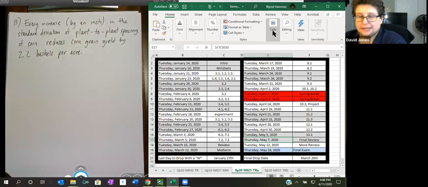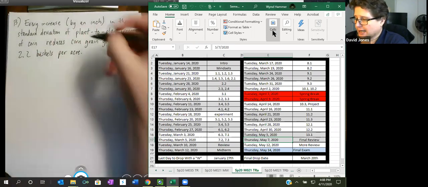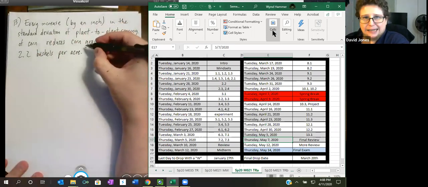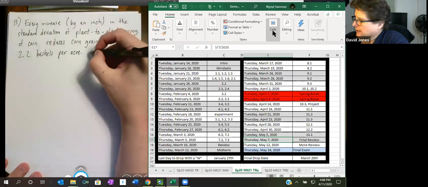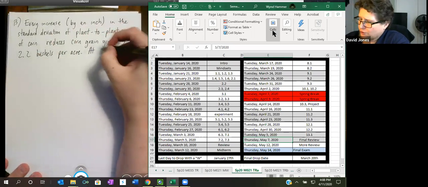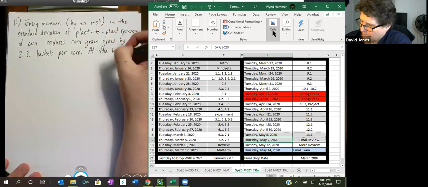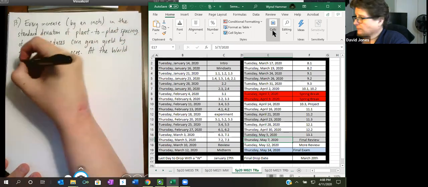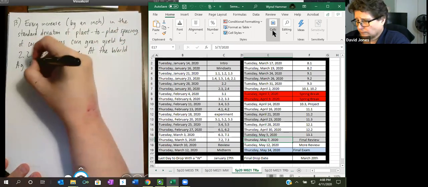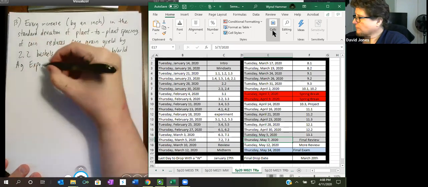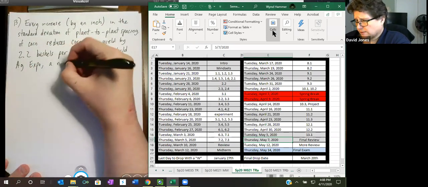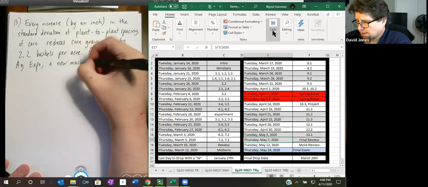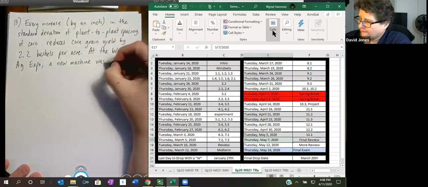This has been explored experimentally. And so we have the World Ag Expo in Tulare. At the World Ag Expo, a new machine was introduced. Unveiled.